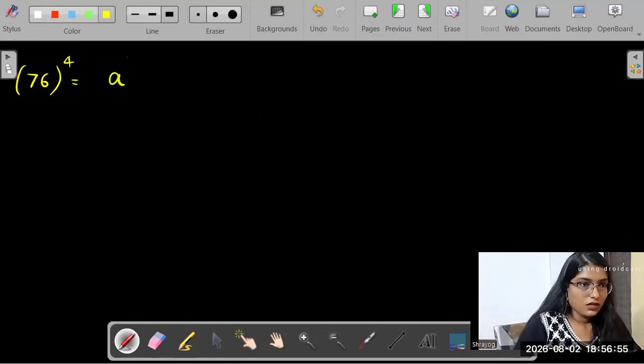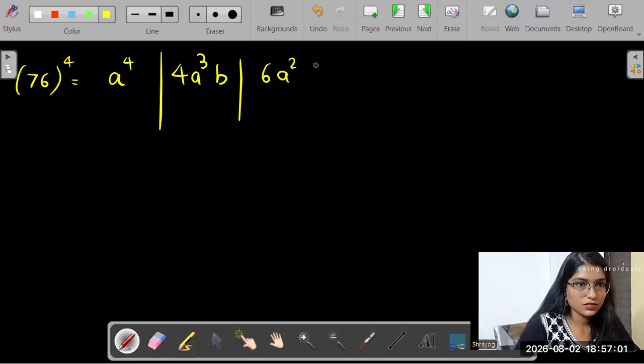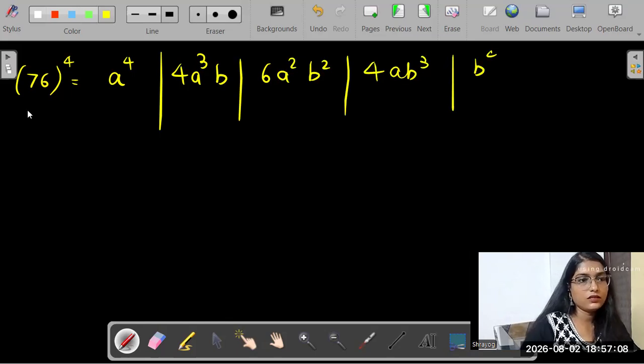A raised to 4, 4A cubed B, 6A squared B squared, 4AB cubed, and B raised to 4. Here A is 7, B is 6. Substitute the values.